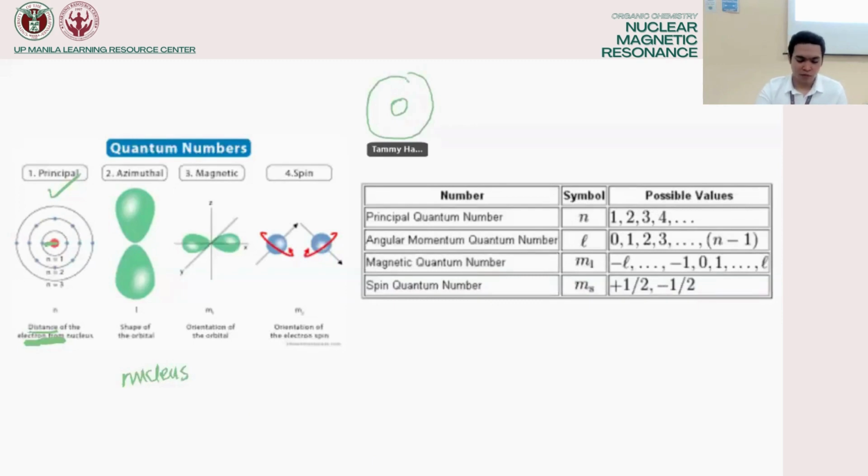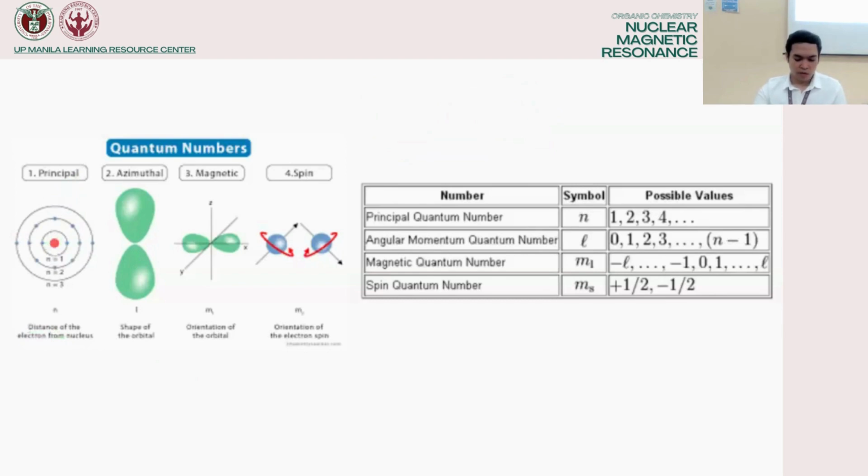You have your nucleus, which contains your protons and neutrons. Then your electrons move around it. The nucleus is at the center, this one, the red one. Okay, we're good there.